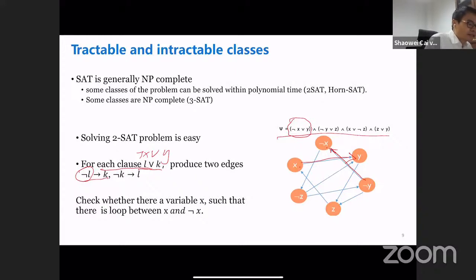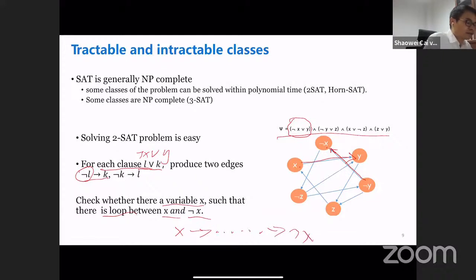Now, in the end, we construct a directed graph by scanning all the clauses. And then we check whether there is a variable x such that we can find a loop between x and not x, which means that we can imply something from x, and then finally it implies not x.